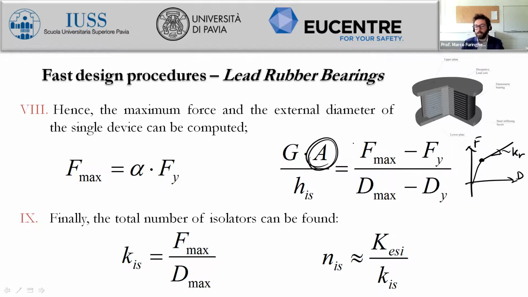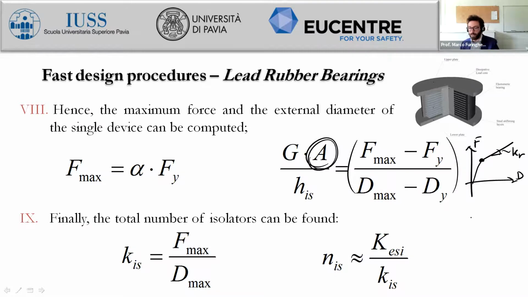So F max minus Fy divided by d max minus dy is the differential quotient for the Kr, and Kr can be computed as the rubber bearing solution: G times A, which is our unknown, divided by the height of the isolator. And A is related to just the area of the rubber compound.